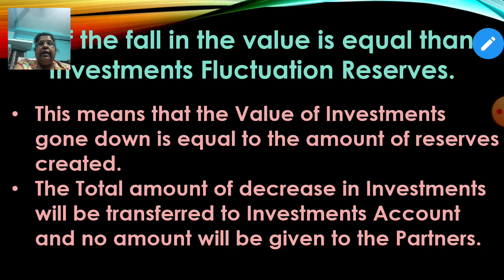Next case is, if the fall in the value is equal. Now suppose the difference between the book value and the market value is 18,000 and your investment fluctuation reserve is also 18,000, means both are equal.